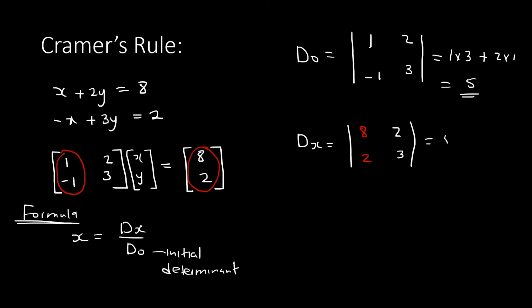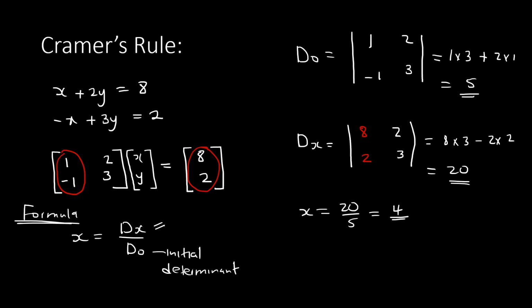Then I will have 8 times 3 minus 2 times 2. 8 times 3 is 24, minus 4, which is 20. If I'm not making any mistakes, 24 minus 4 is 20. That's my determinant of x. So what does it mean? My x will be the determinant of x, which is 20, over the original determinant. 20 over 5 is 4.